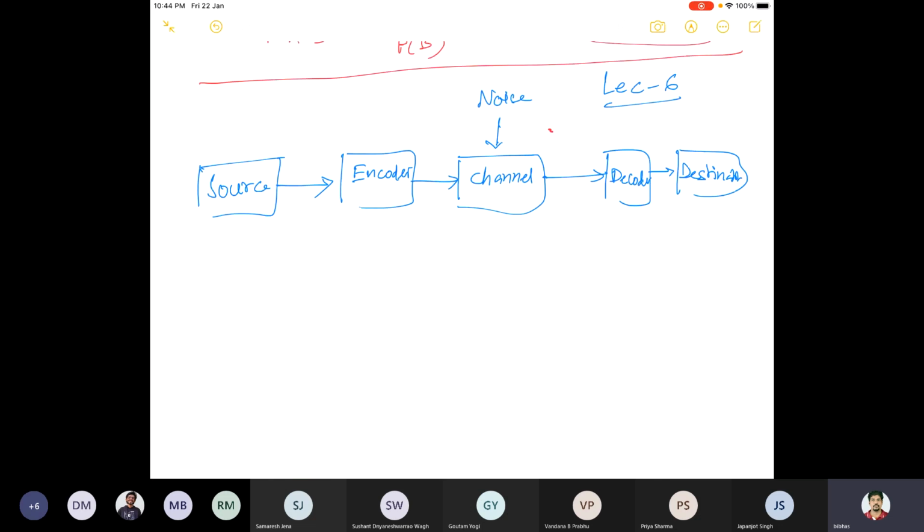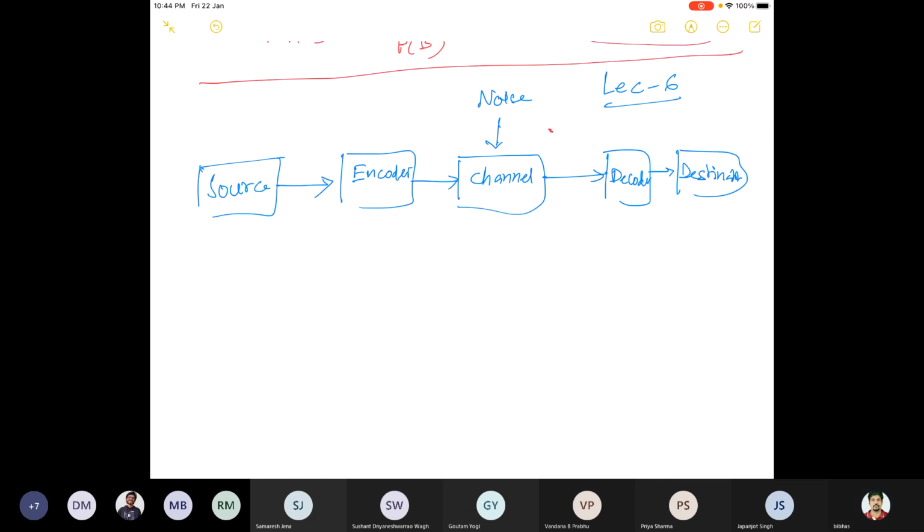Okay, so we have a source and we have a destination, and in between we have three blocks: encoder, then channel, and then decoder. Because you want to encode your information, which will be transmitted, and it will go via a channel. Once it has reached, there will be a decoder which will decode the information, and then it will reach the destination.